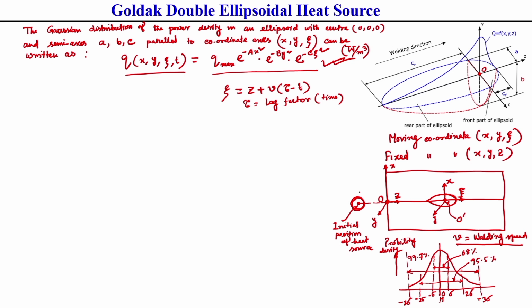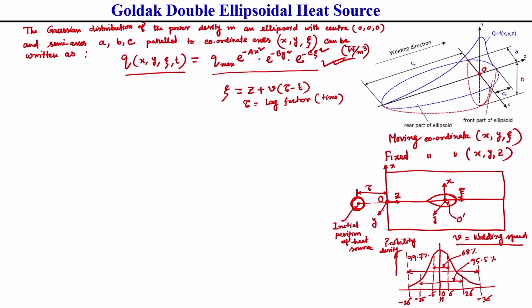This you should keep in mind: the time required from the initial position of the heat source to the fixed coordinate position with a velocity v is called the lag factor.